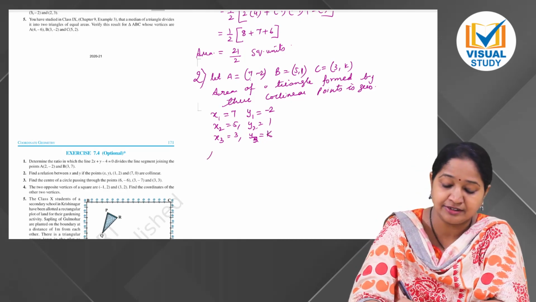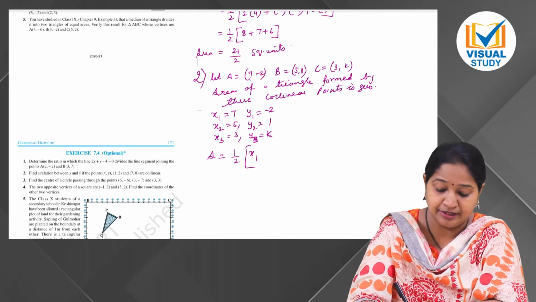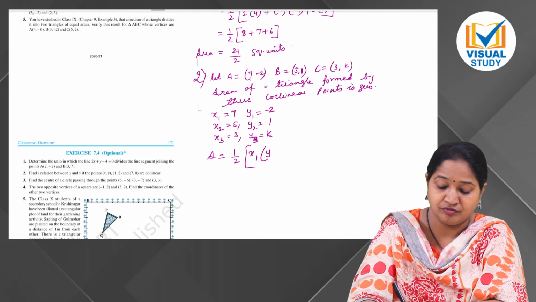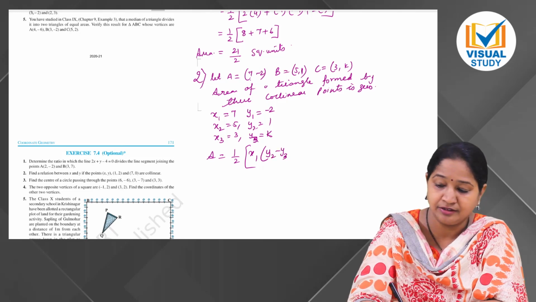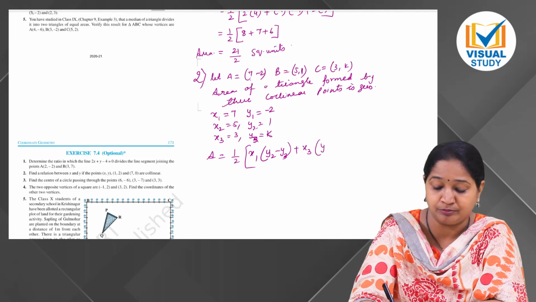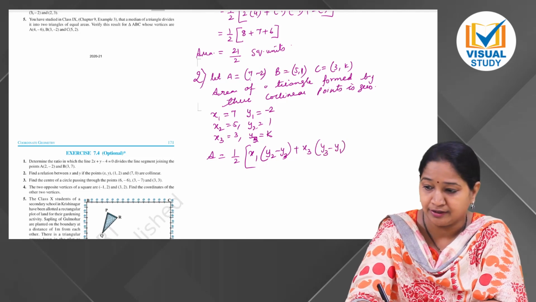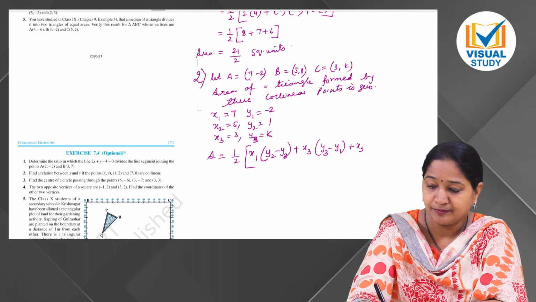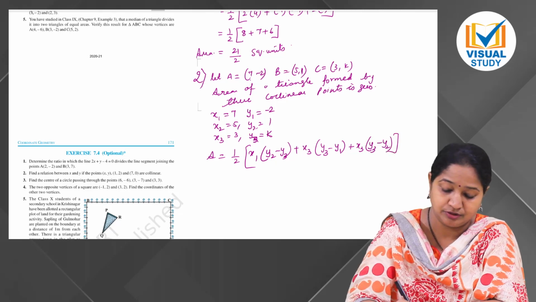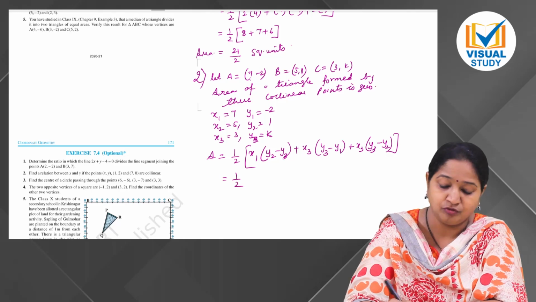Area of a triangle is half into x1, y2 minus y3. Each and every time you write the formula, you'll learn it by heart. Plus x2, y3 minus y1, plus x3, y1 minus y2. Half. What is your x1?